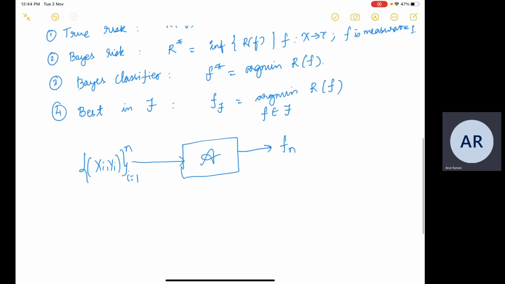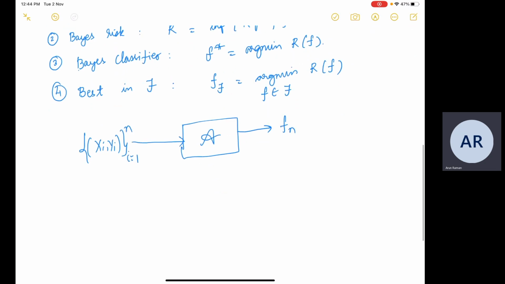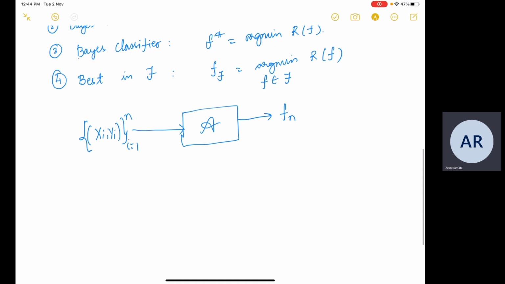Okay, so fn is the function that is learned by the algorithm A from these data points. So of course fn depends on the sample that has been given to it. So now that we have defined fn, we can have a few more definitions.